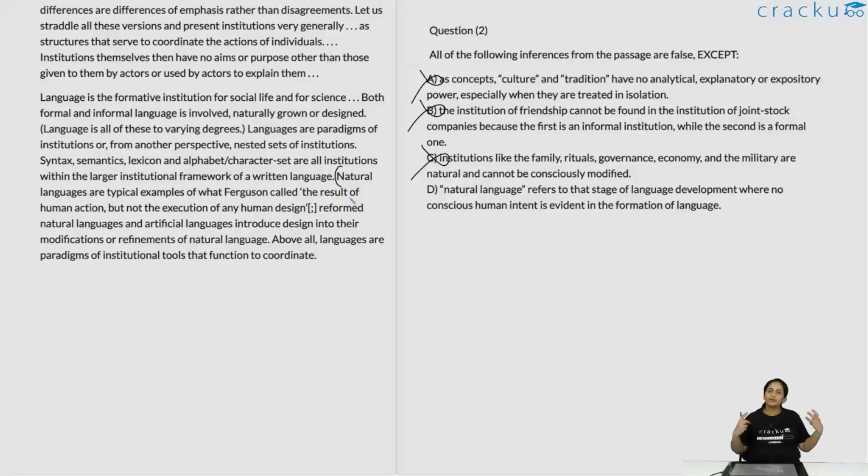It develops out of human action but not out of human design or human direction saying, okay, this should be there, this should not be there. So this is true, there is no conscious human intent that is evident at the formation. When conscious human intent enters, it becomes like a part natural, part artificial language as such. So D is the right answer. So D would be the correct answer to choose.